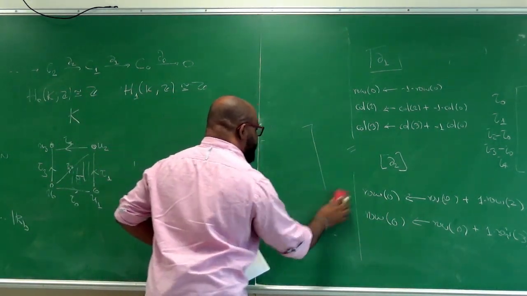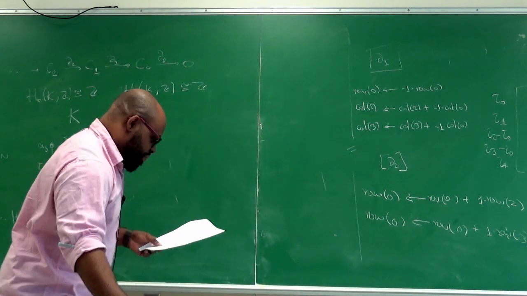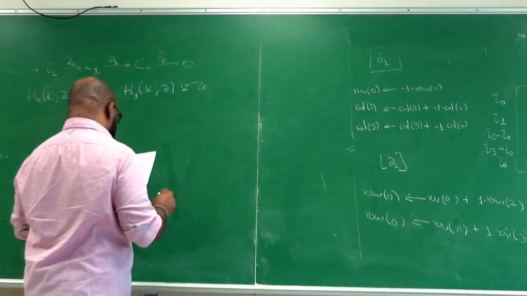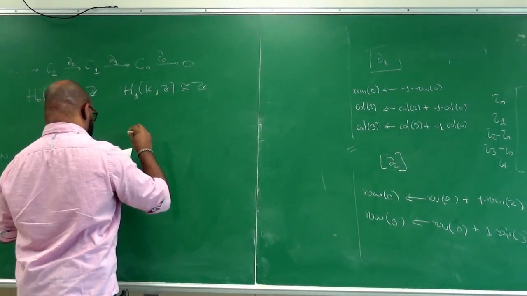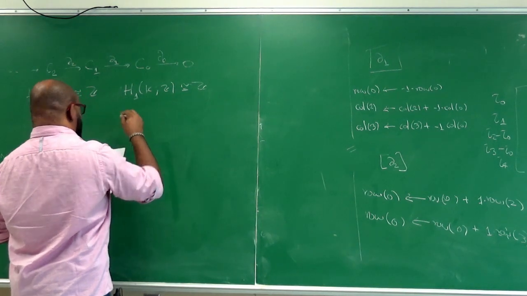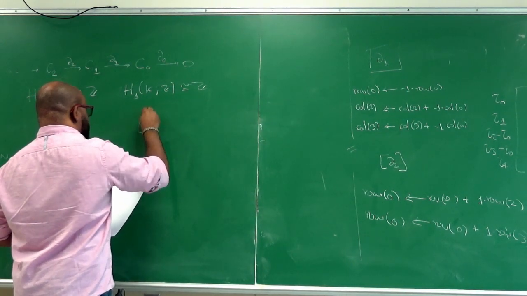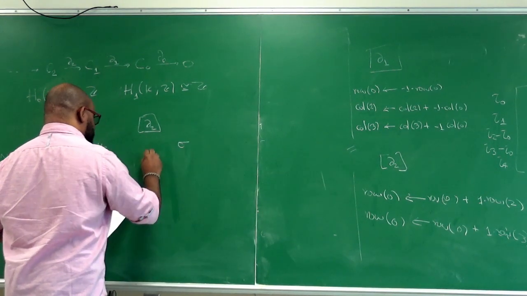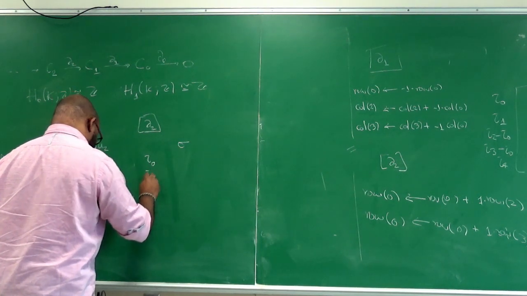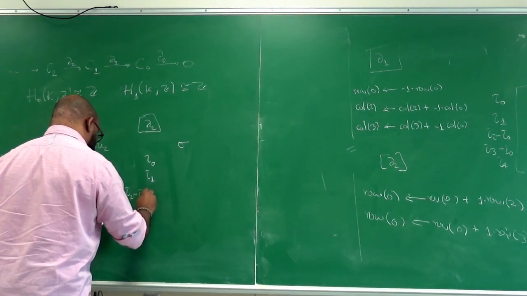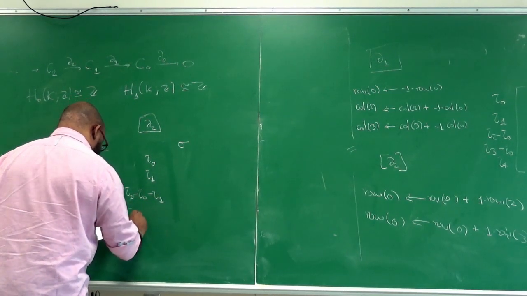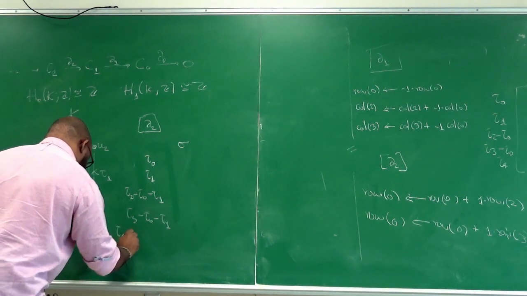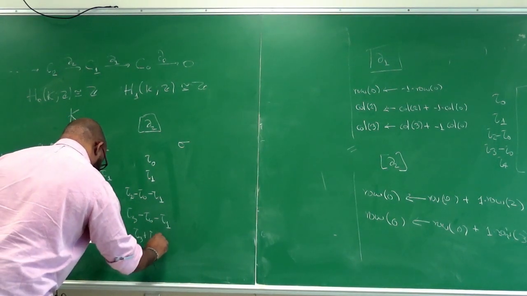Let's start again. So here in the delta 1 arena, or in the delta 2 arena, let's do that first. Delta 2. So you get sigma in here, you get tau 0, tau 1, tau 2 minus tau 0 minus tau 1, tau 3 minus tau 0 minus tau 1, and tau 4 minus tau 3 plus tau 0 plus tau 1.